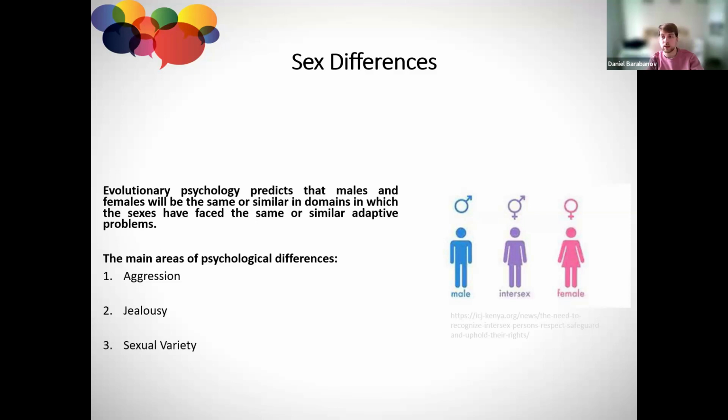Sexual variety is also connected with mating strategies. Evolutionary psychologists speculate that men were more interested in having more offspring because they did not invest that much in nurturing children, and it's much easier to father a child than to give birth and raise it.